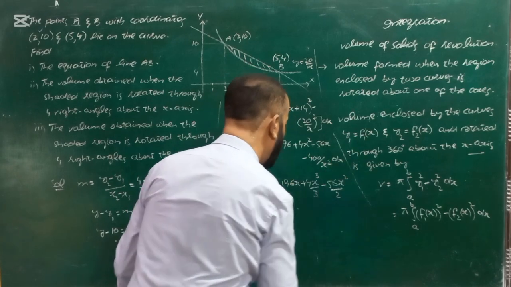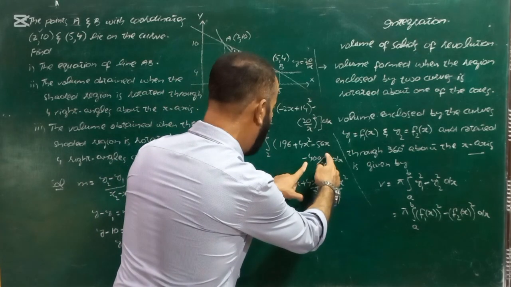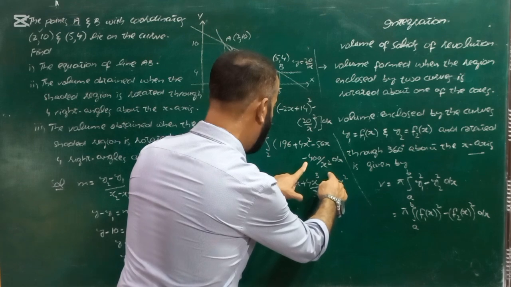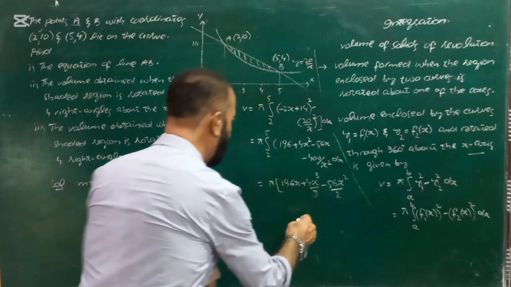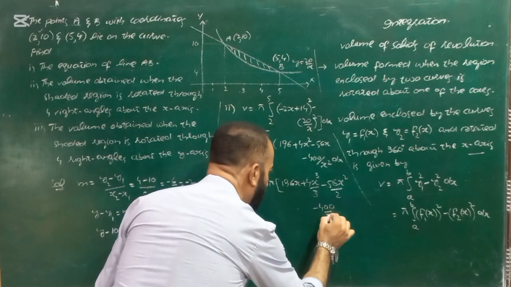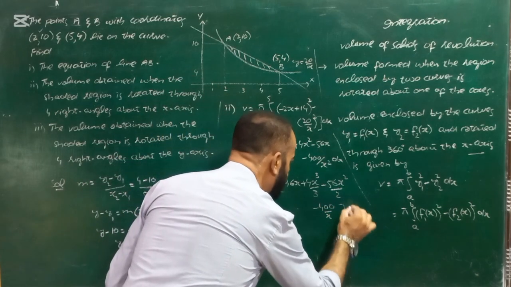And it will be x raised to power minus 2 plus 1 over, minus 400 over x. So this is the integration, and here is the limit, that is 2 to 5.